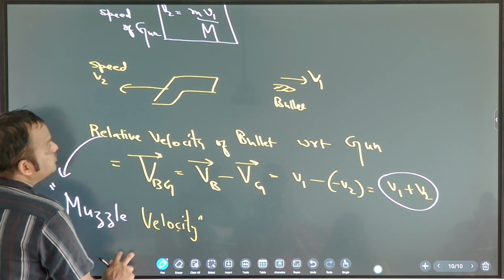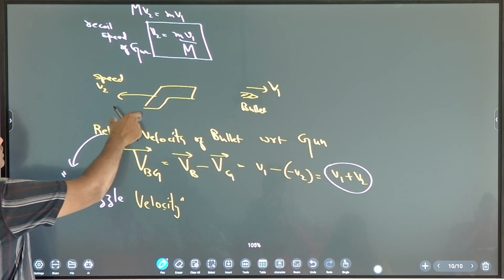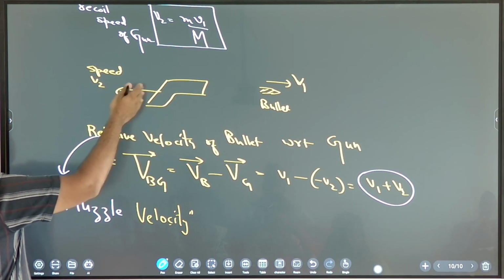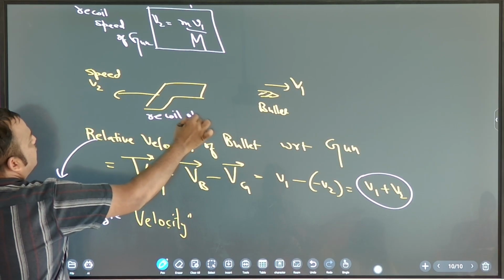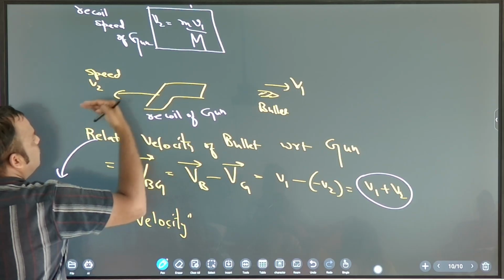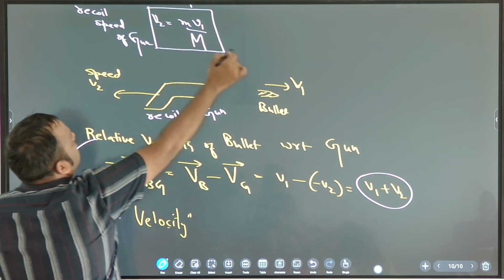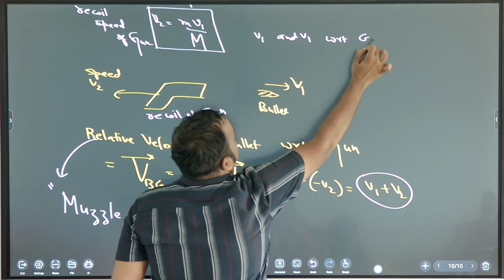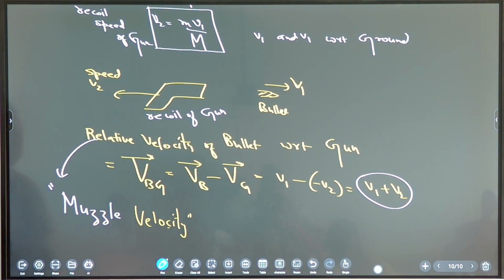So you have a gun and bullet. It is very easy. You fire a bullet, the bullet will go to the right side, and the gun will recoil backward. This is known as recoil of gun. Now V1 and V2 are with respect to ground.